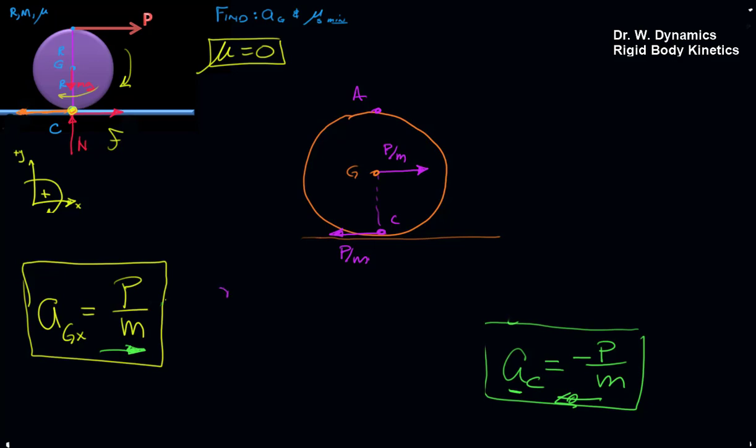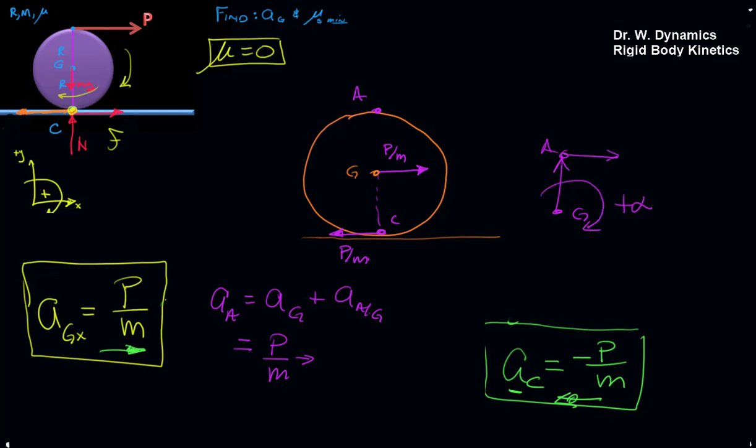Well, one way to find that would be the acceleration of A would be the acceleration of G plus the acceleration of A with respect to G. And from there we have P on M. And A with respect to G, here's A, there's G, so that's A with respect to G. And for a positive alpha, we get an R alpha type acceleration out here. It's a tangential acceleration, and R is simply R. So it's in the same direction, so that's going to be plus R.